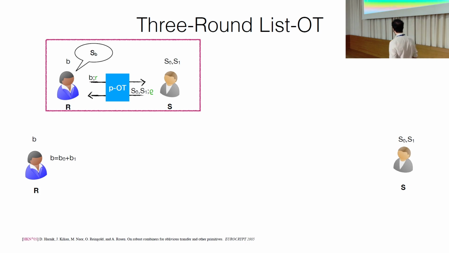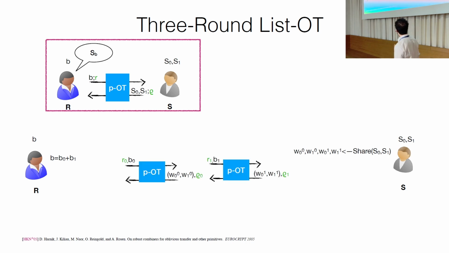At a very high level, the following happens. The receiver secret shares his input into two shares, B0 and B1. And the sender also does some secret sharing of its inputs. It doesn't matter what secret sharing the sender does, it just does some type of secret sharing.